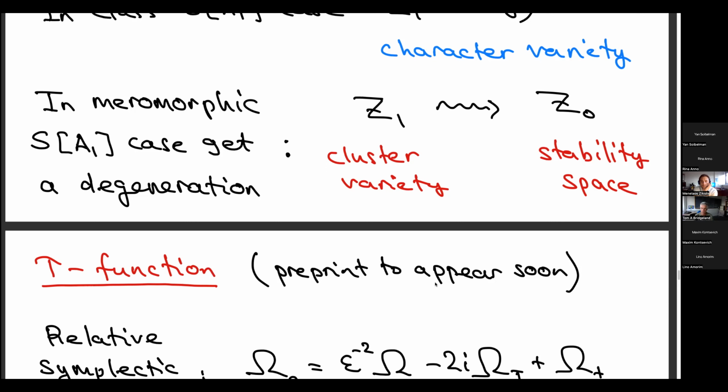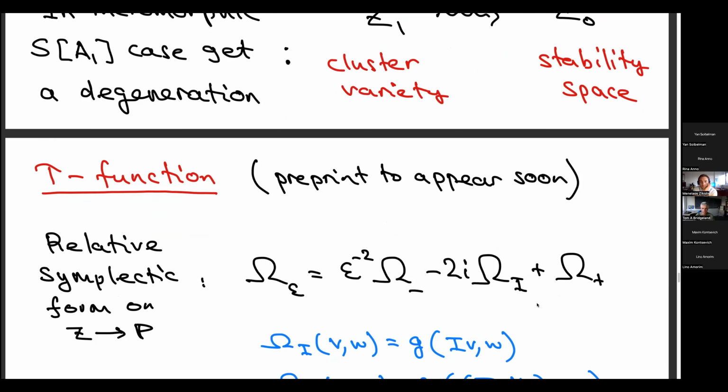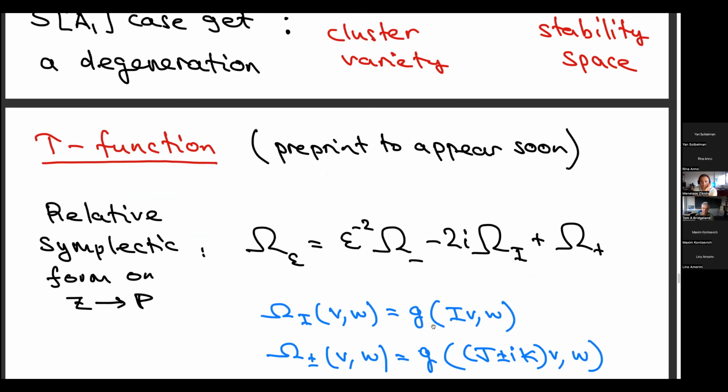First off, this twistor space has a relative symplectic form on it. You can write it down like this. Remember we have a hyperkahler structure here, so we have a metric and we have I, J, and K, so we can form these closed two forms. They're not symplectic because this guy has a big kernel.